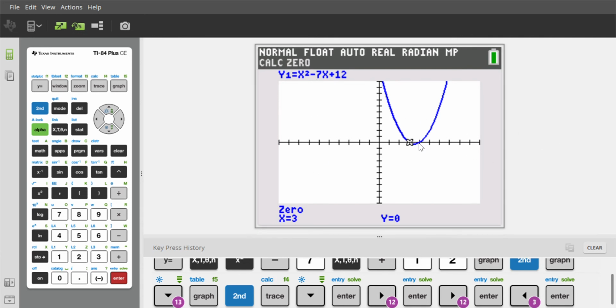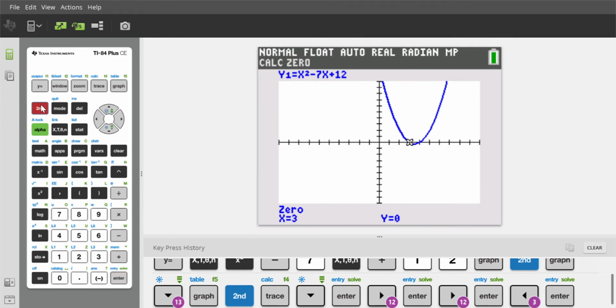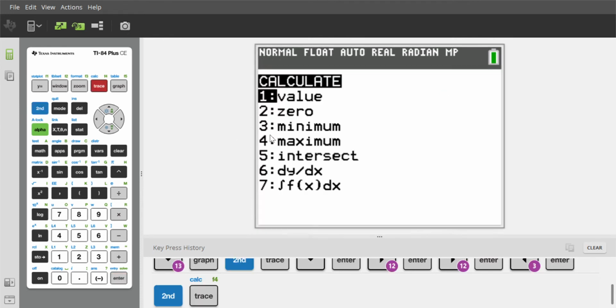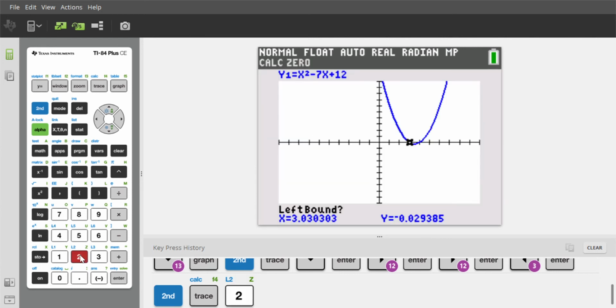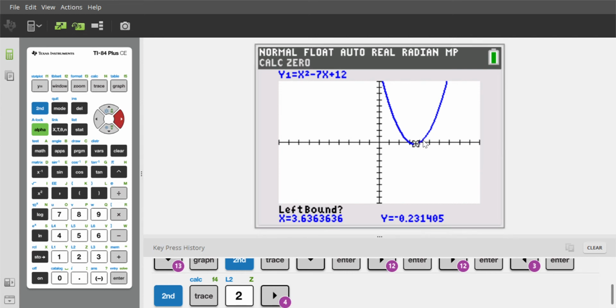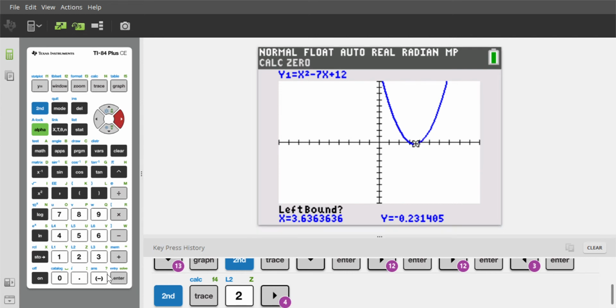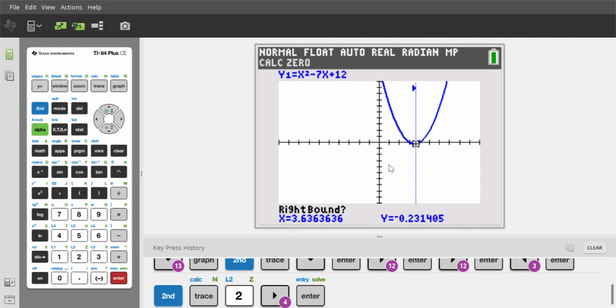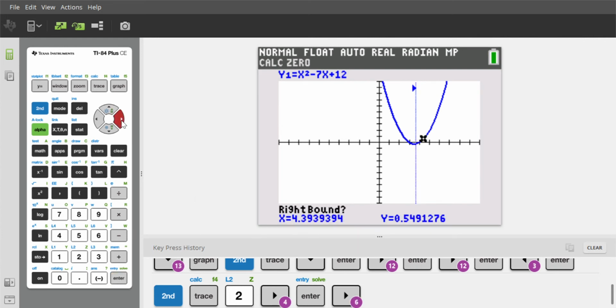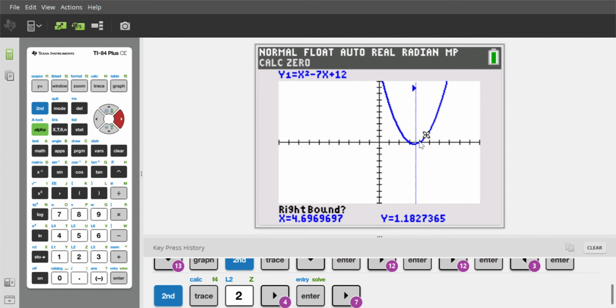Now, the other one, it's right here. So I need to calculate second trace. The 0, this time I'm just going to push number 2. And it'll say left bound. I need to get to the left of the 0. So if this is the 0, I'm getting to the left of it. Push enter. And then right bound, I'm going to get to the right of the 0. Notice I'm to the right, where the graph would be above.